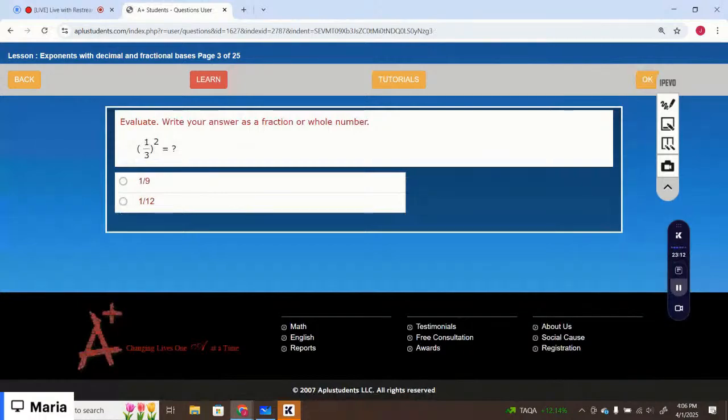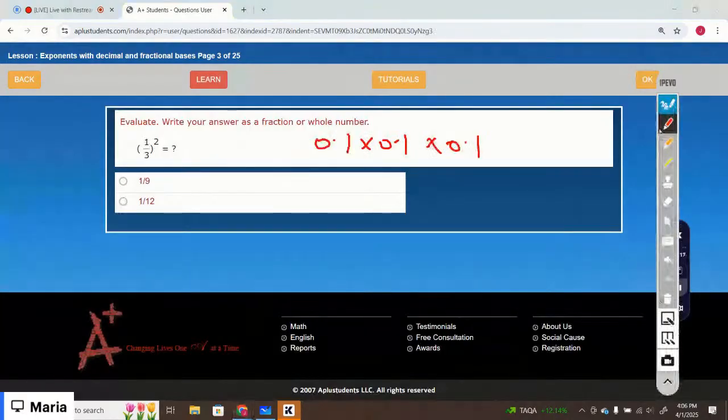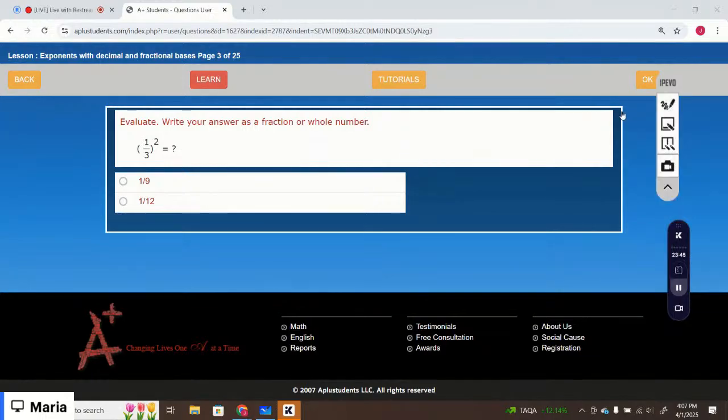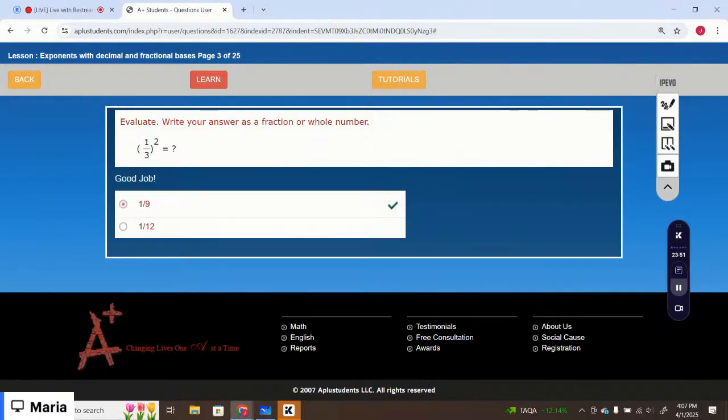Evaluate (1/3) squared. You have to do 1 times 1 divided by 3 times 3. Which is the correct option? That is 1 by 9. Option number 1 is the correct option.